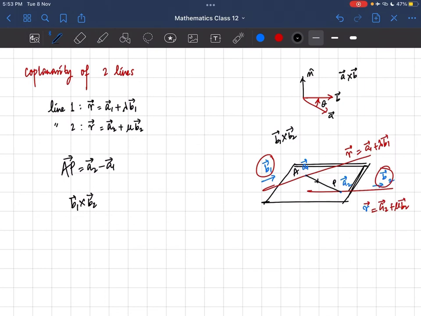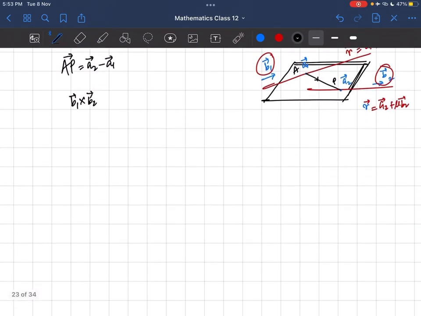So here AB vector and b1 cross b2 are perpendicular, so their dot product will be 0. So we write AB vector dot b1 cross b2 is equal to 0, and AB vector we already got, that is a2 minus a1, dot b1 cross b2 is equal to 0.